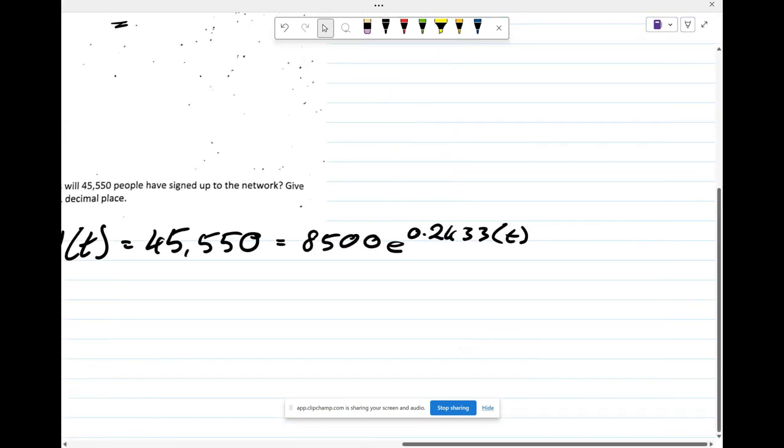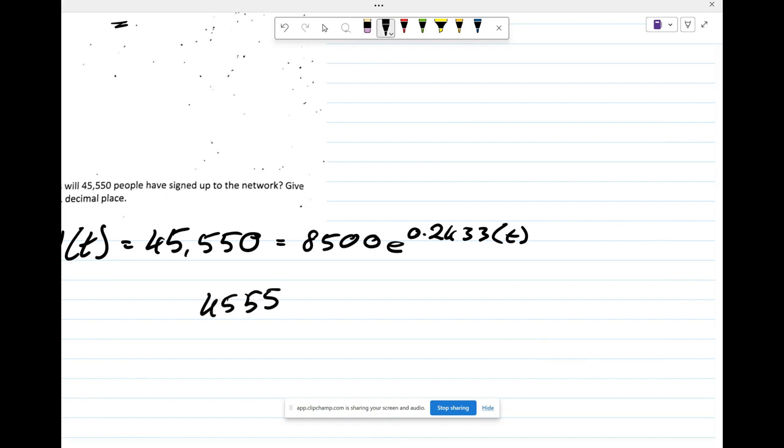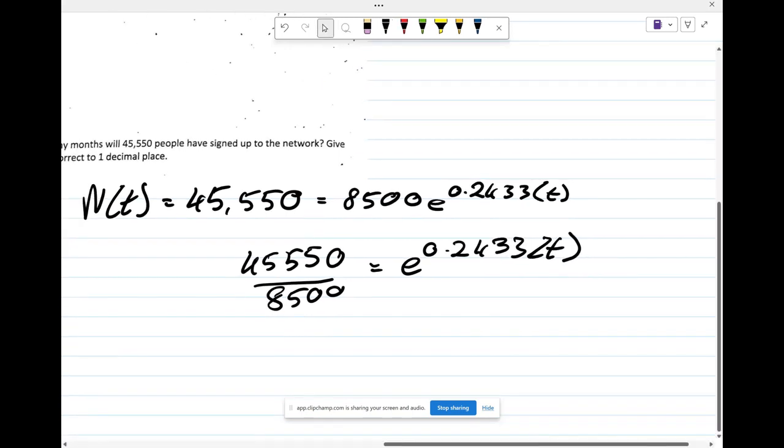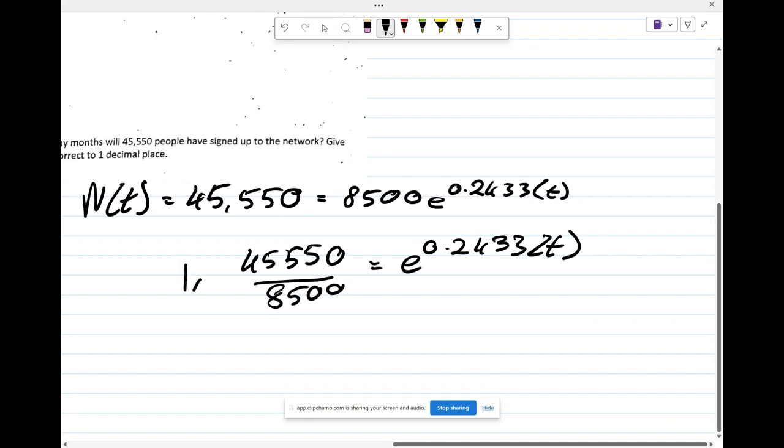So same thing, working in reverse. We want to get t on its own, so we're going to divide both sides by 8,500. Then we're going to be left with e to the power of 0.2433t. Then we're going to take ln of both sides.